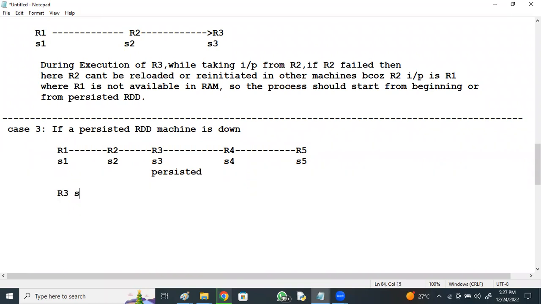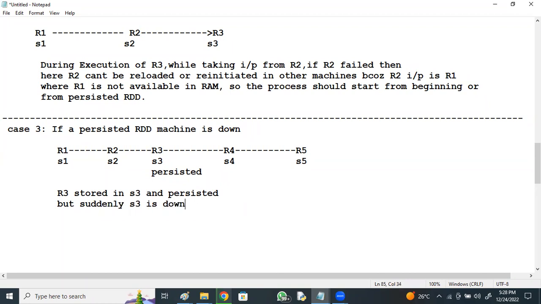Here R3 is stored in slave 3 and persisted. But suddenly S3 is down.